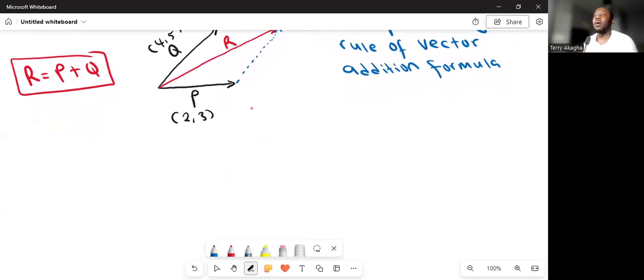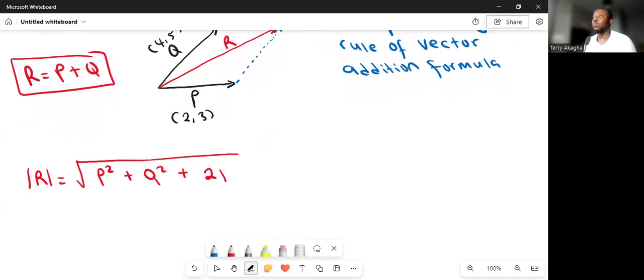If you remember, I told you the magnitude of R is equal to the square root of P squared plus Q squared plus 2PQ cos theta.